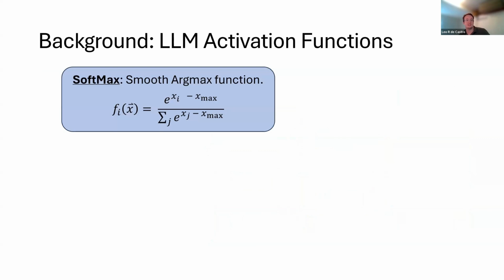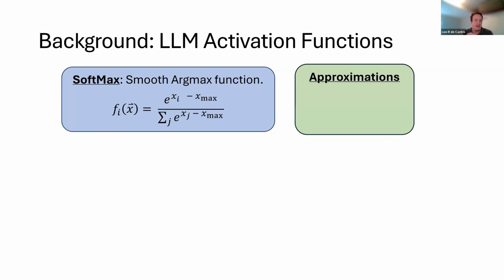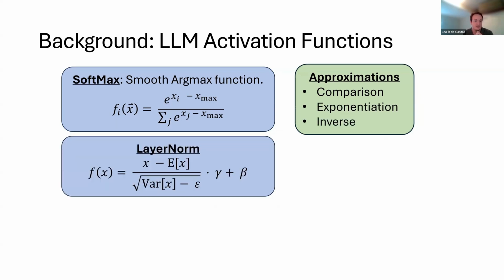So what are the functions that we would like to approximate? Well, there are three main activation functions throughout the model. The first is softmax, which you can think of as a smooth argmax function. And these nonlinear functions include a comparison circuit to get the max of some vector of elements, an exponentiation circuit, and an inverse circuit.